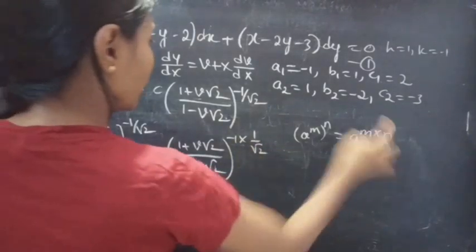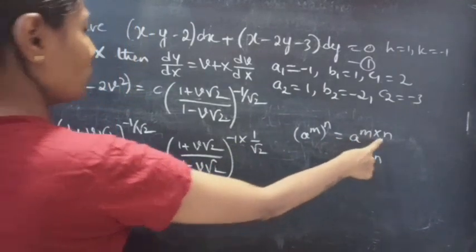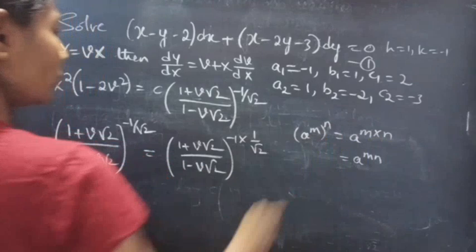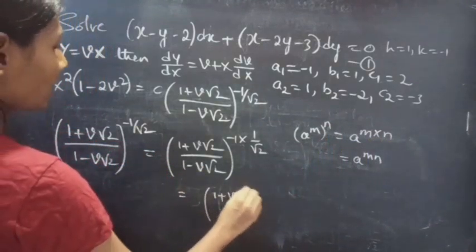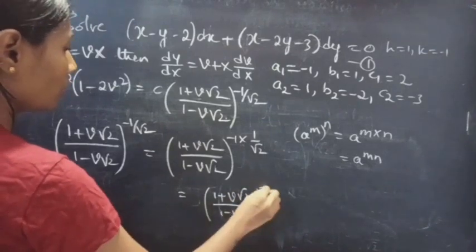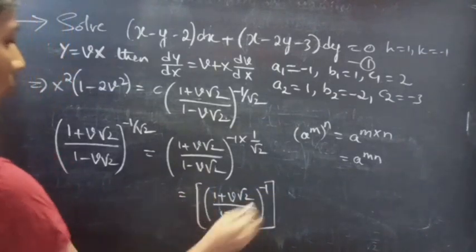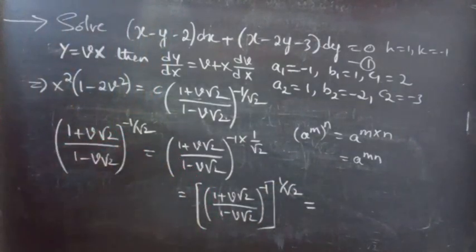M into n. Now, again you can write a power m into n as a power m whole power n. You can just write this as a power m whole power 1 by square root of 2. Okay.